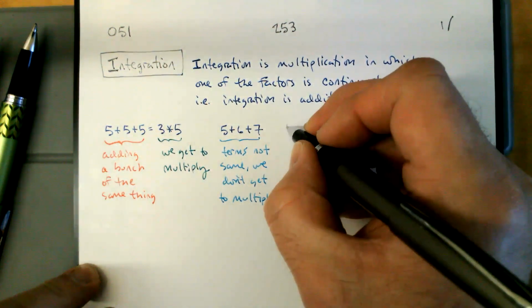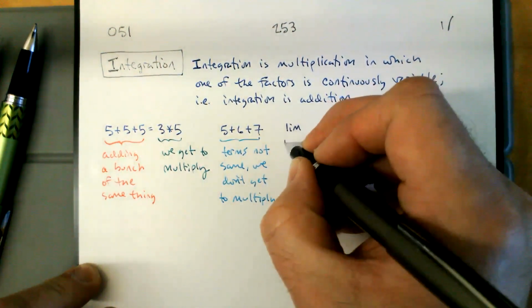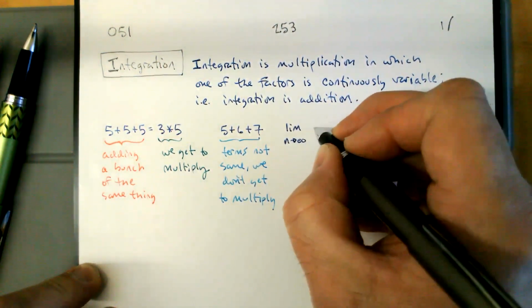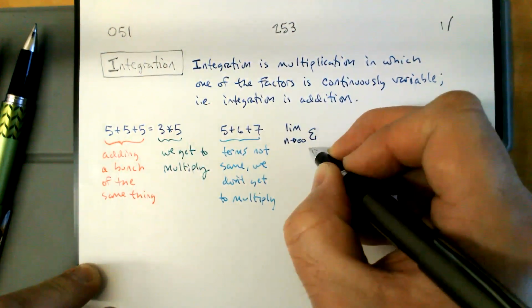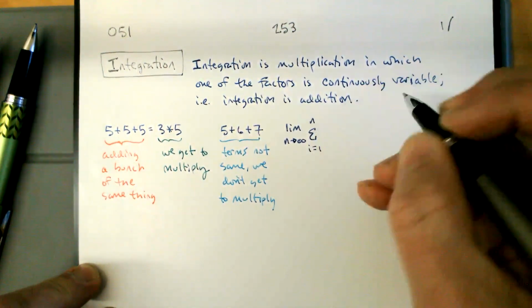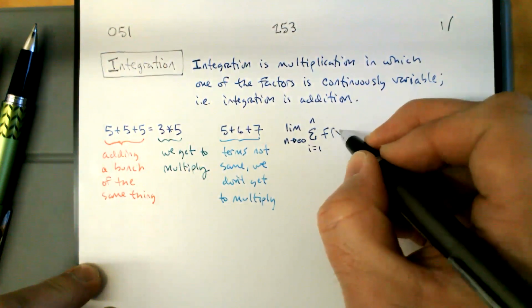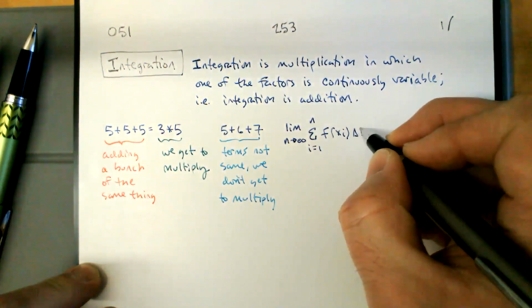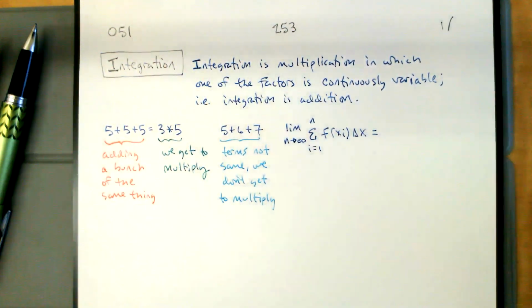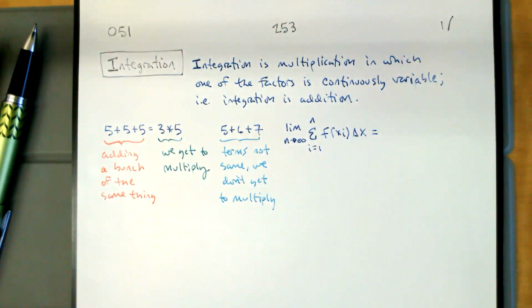So we take the limit as n goes to infinity of the sum i goes from 1 to n. We model the continuous sum with the discrete Riemann sum, and then we take the number of terms to infinity.